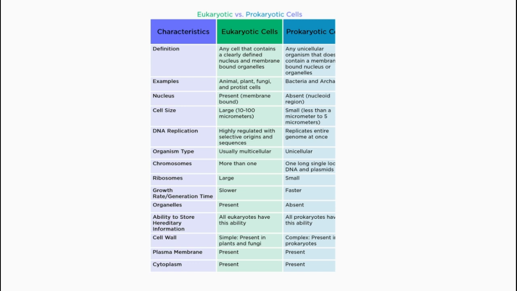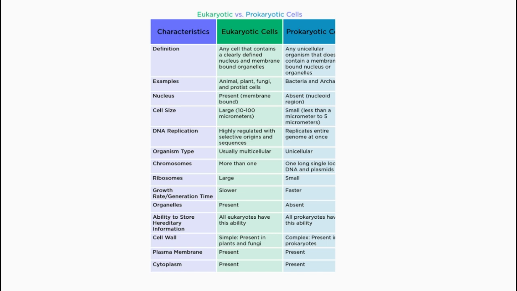Growth rate is faster, organelles are absent, so the prokaryotes do not have membrane-bound organelles, and all prokaryotes have this ability to store hereditary information, right? So they don't have a nucleus, but they do have a nucleoid, and they also have a plasmid present, right? And the plasmid is like some free floating DNA in their cytoplasm, right?